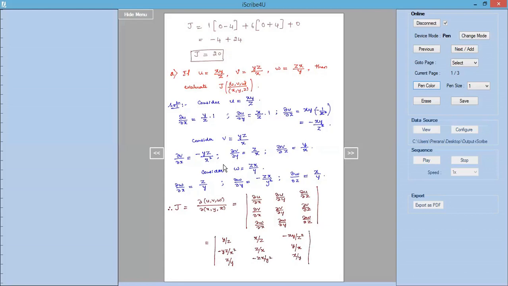Now we need to expand this 3 cross 3 determinant. There are two ways of proceeding further. Either you can take what is common entirely in the first row, second row and third row and take it as a product outside the determinant, or you can directly expand the determinant. So I'll be taking what is common.